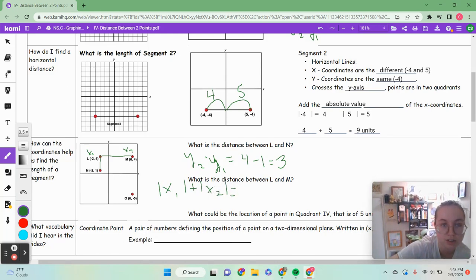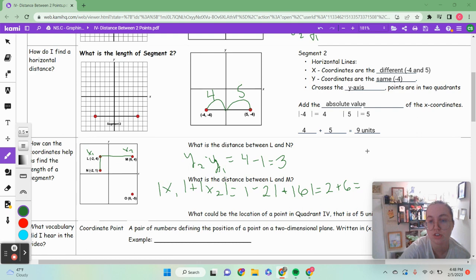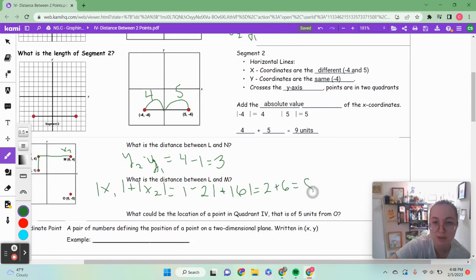Our x1 value was -2, so we want to find the absolute value of -2, and add that to the absolute value of +6. The absolute value of -2 is 2. The absolute value of +6 is just 6. So that's 6 plus 2 gives me 8 units.